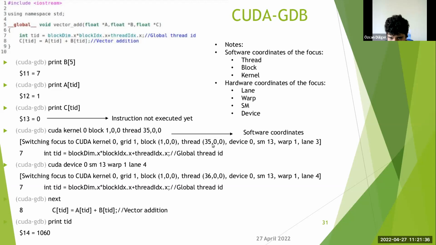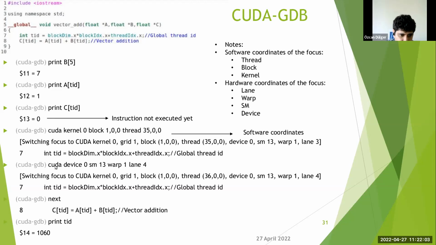And the lane information of this thread in the second warp is 3. So that means this is the 4th physical thread in the second warp. And our debugger jumps to line 7 here. Be careful. When we switch the focus, the debugger jumps to line 7.